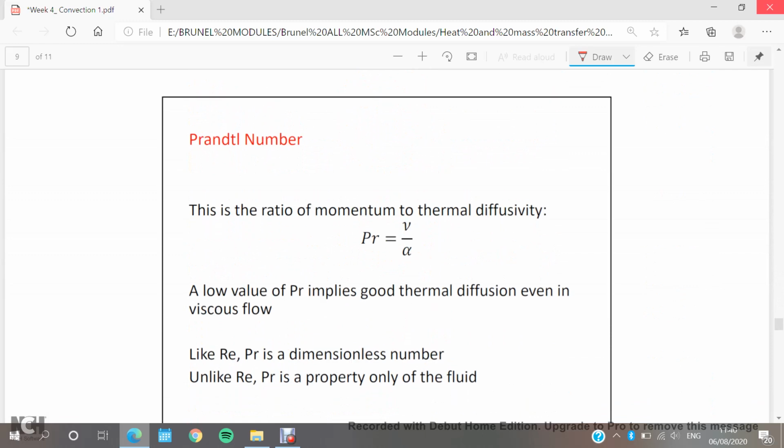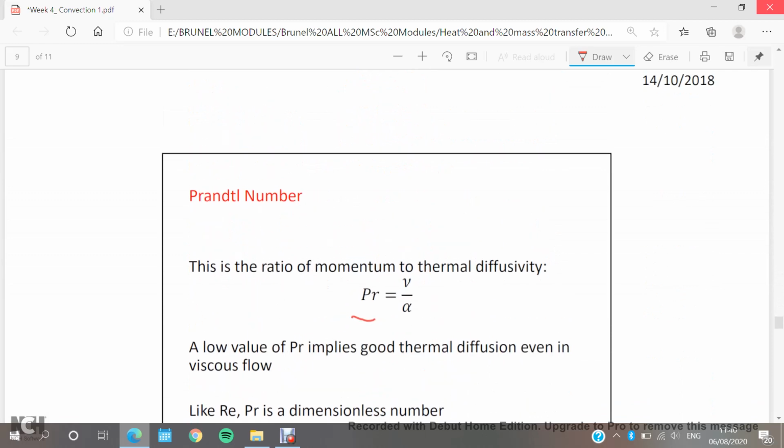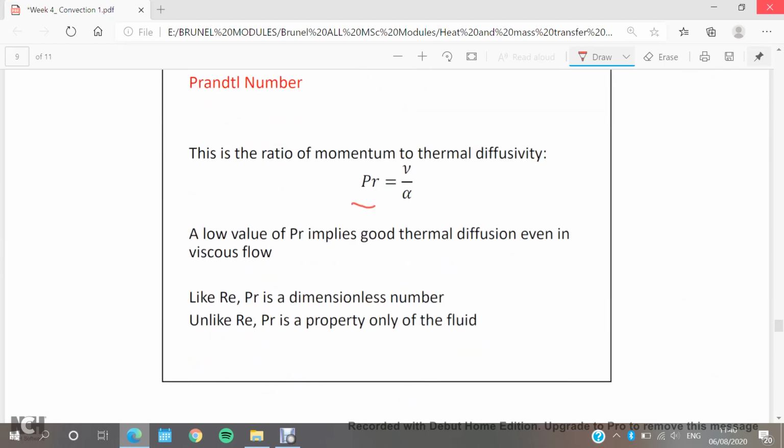The second number is the Prandtl number, which is the ratio of the momentum diffusivity to the thermal diffusivity, and the Prandtl number is a dimensionless number as well, and you will find it in tables. In the case of a high Prandtl number, the momentum diffusivity is much higher than the thermal diffusivity. That means the kinetic energy can penetrate or diffuse through the fluid much more easily than the thermal energy.